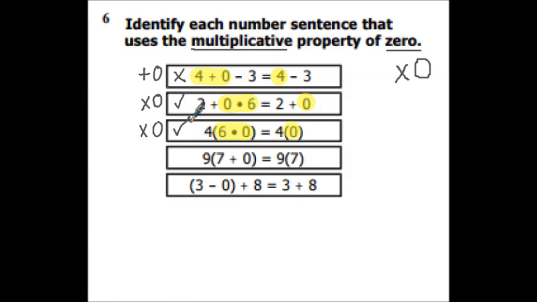And this is another example of the multiplicative property of 0. 7 plus 0 is 7. So here we're adding 0, and this is not the multiplicative property of 0, because it's addition. Here we're subtracting, and we see that 3 minus 0 is equal to 3. So subtraction isn't the correct operation for the multiplicative property of 0.